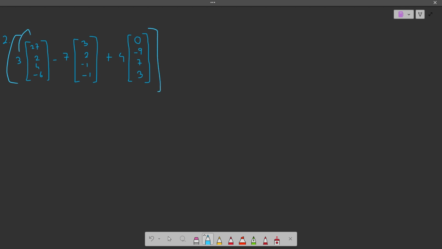First, again, take the scalar and multiply that into the vector.